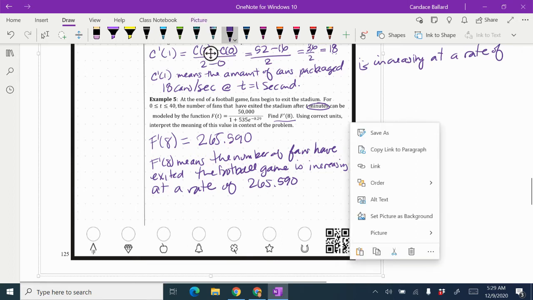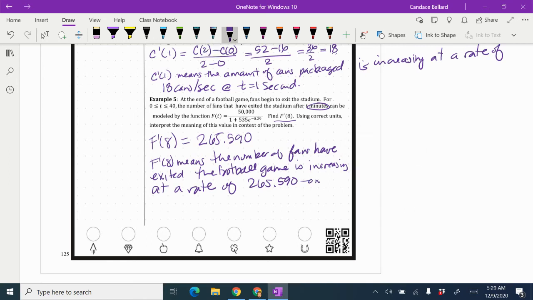So it'd be fans or people. So let's go with people per minute at t equals 8 minutes. So you got your time in there.